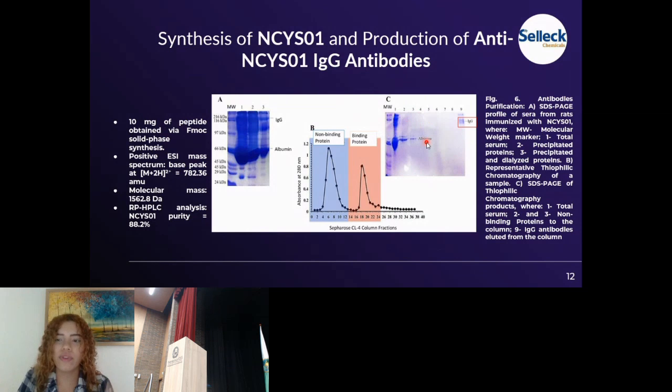In figure C, column 9 is the one that shows the IgG antibodies that were eluted from the column.